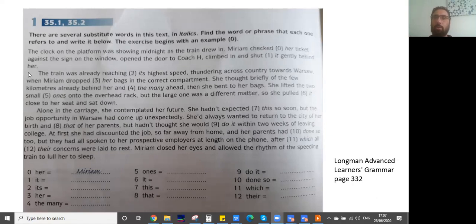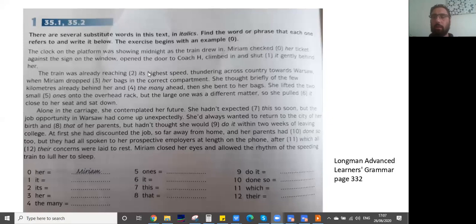Gently behind her. So Miriam. The train was already reaching its highest speed. So what do we have here? Its. Good.